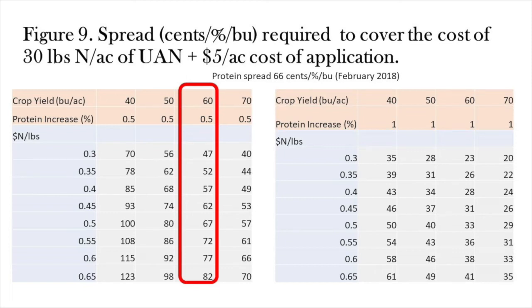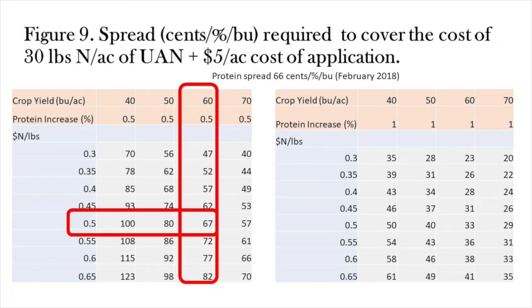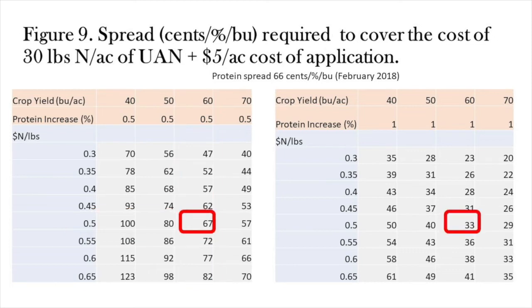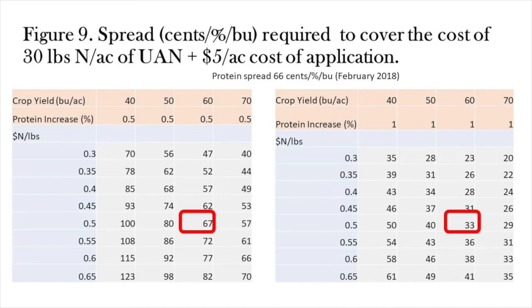And let's say our nitrogen costs 50 cents a pound, and if we also include the cost of application in there, we need a spread of 67 cents to break even. So in this scenario, we've broken even. Now, if you're feeling lucky and you think you can get a 1% increase from doing the practice, then you only need a 33 cent spread, and you might make some money. But remember, in a lot of cases, just putting all that nitrogen down at seeding will do just as well.